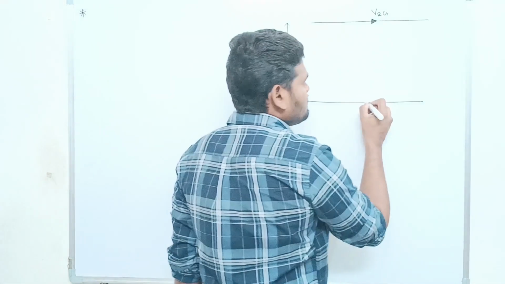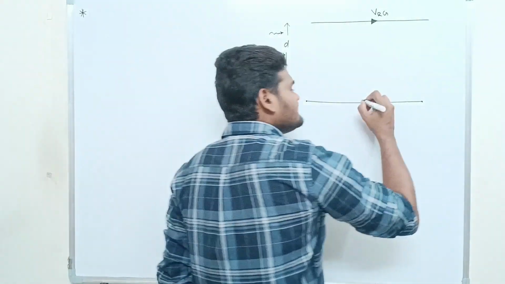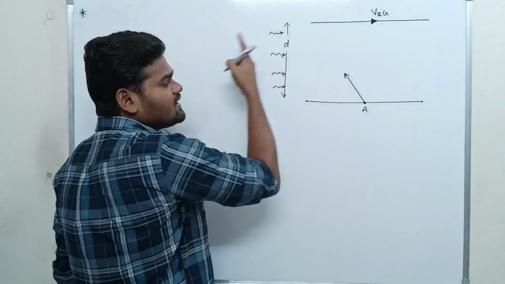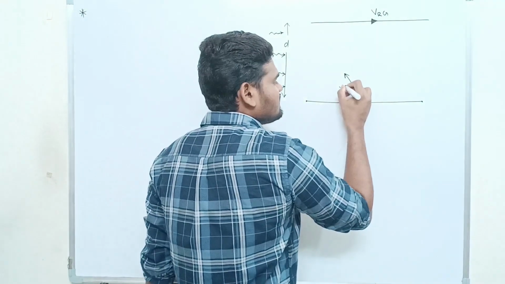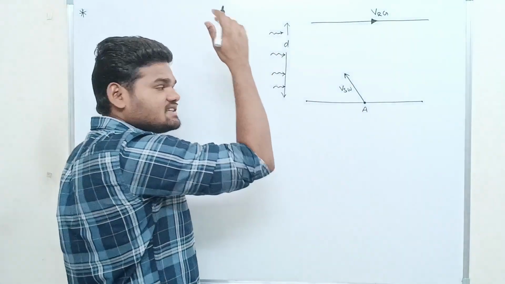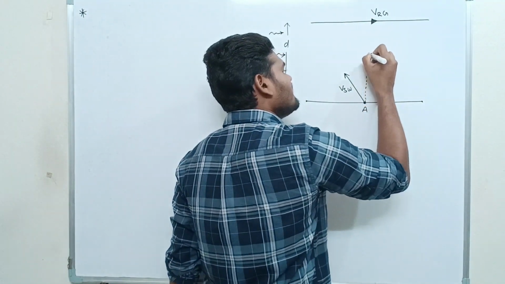So at a point A there is a swimmer, and he started swimming in this direction. This is the velocity of swimmer with respect to water. He started swimming by making an angle theta with the vertical line. This is the angle theta.